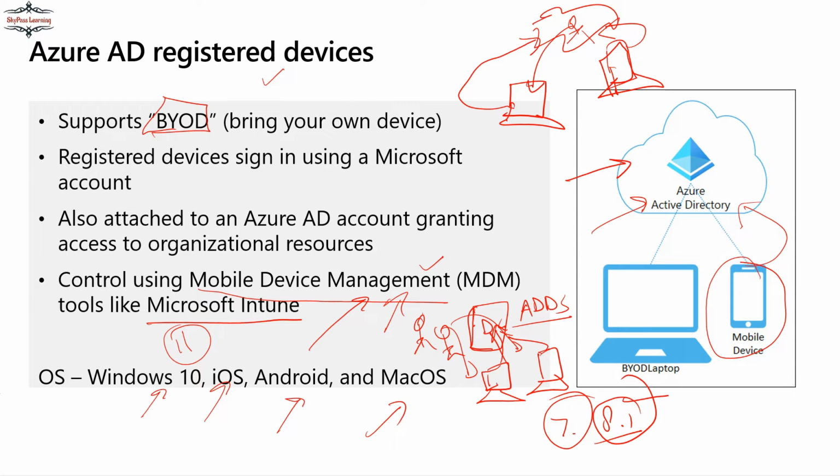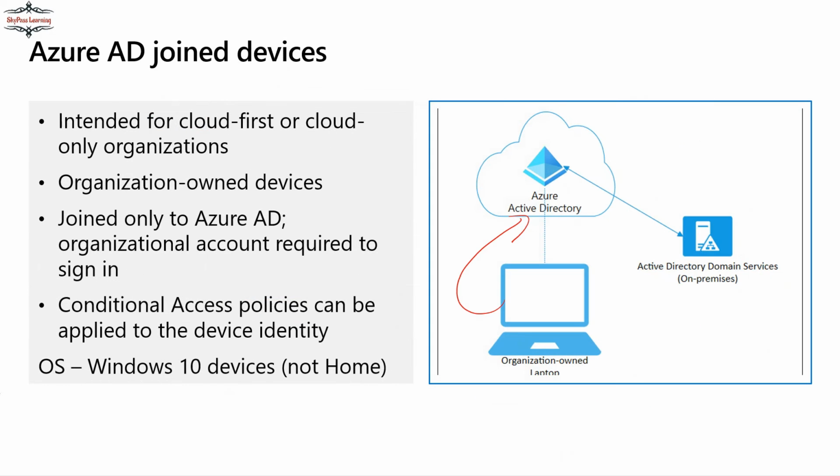Here we are creating an account, adding a computer account in the normal Windows Server Active Directory. In the same way, we can join my device to Azure Active Directory as well.